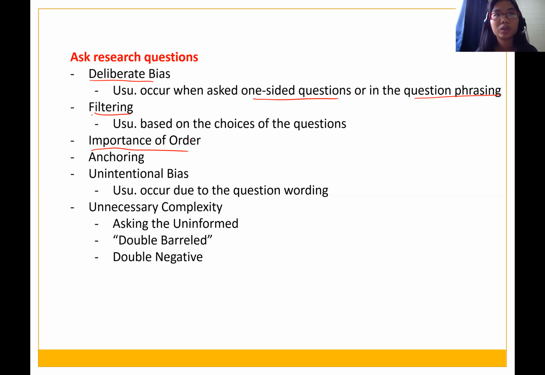Another kind of unnecessary complexity is the double negative. Usually they're going to ask you, don't you agree that we cannot go party? You have don't you agree, and then you have we cannot go party. It twists the question twice and makes it much harder for the person to understand.